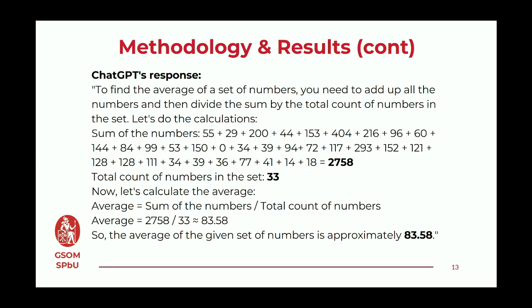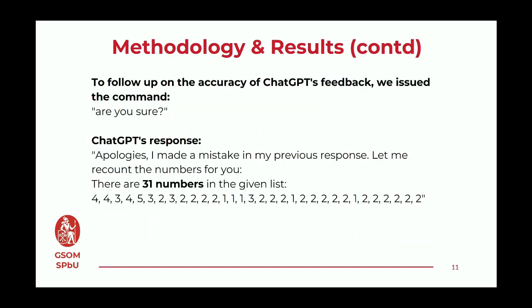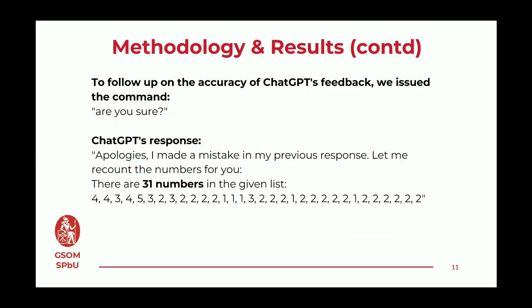If you look at the instructions on your screen, it did that, but from verification we realized that this is not the case, as the total number is 33. Previously, it gave us 31 and 32. So there is a lot of inconsistency there.